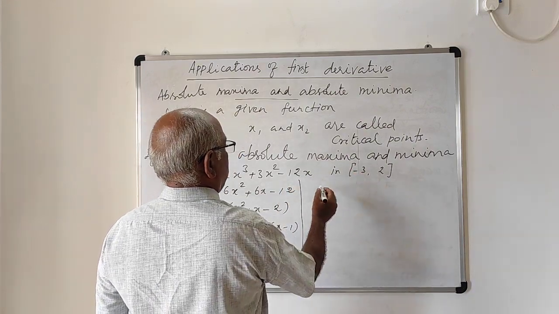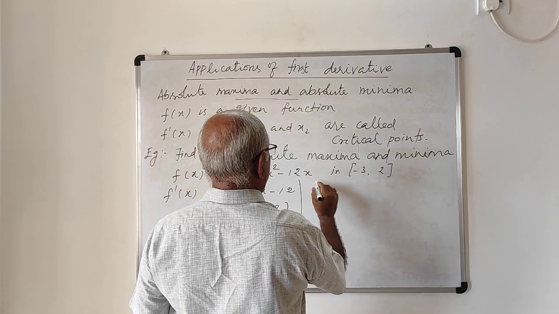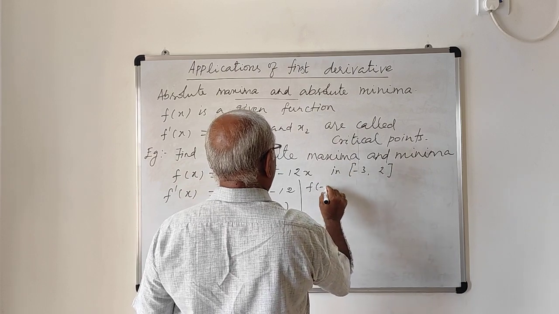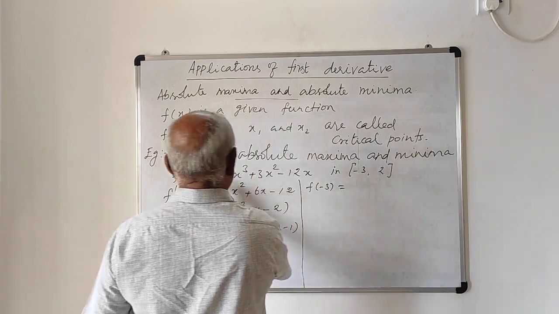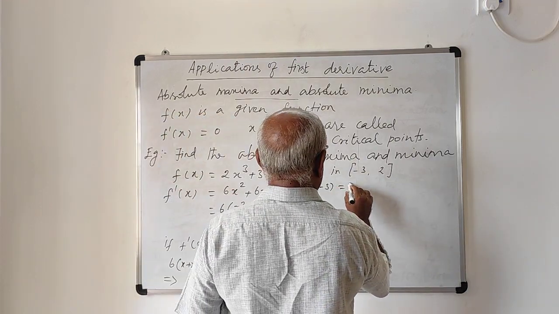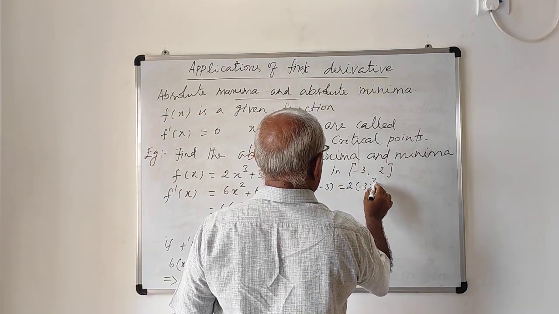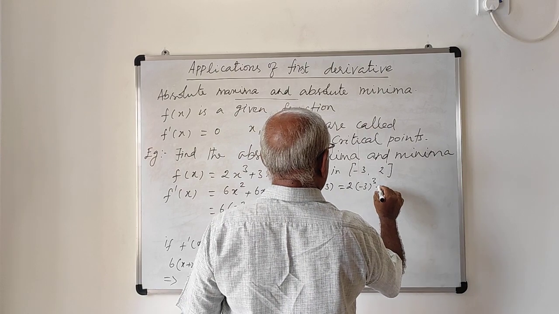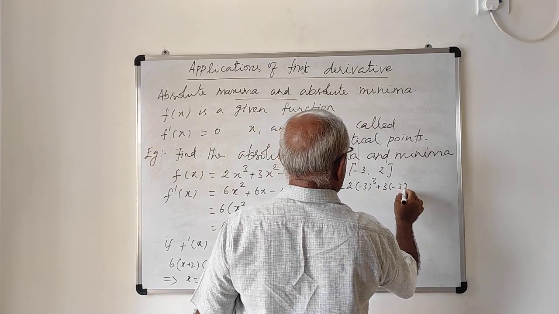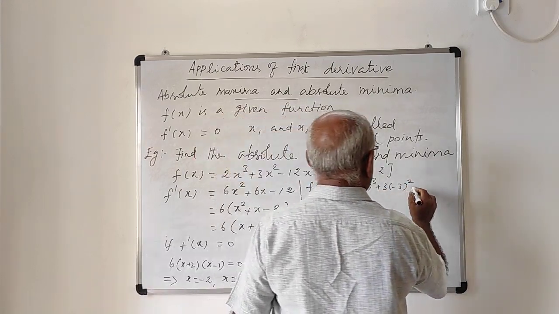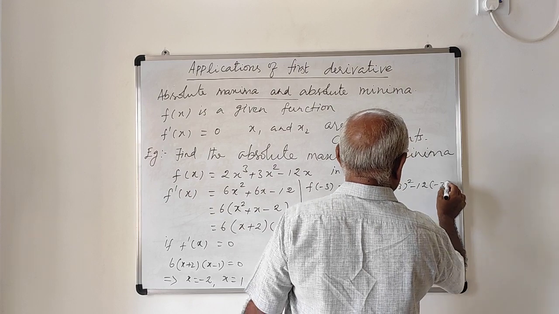First, the endpoint value f of minus 3. Substitute minus 3 in the given function f of x. This is 2 into minus 3 cube plus 3 into minus 3 square minus 12 into minus 3.